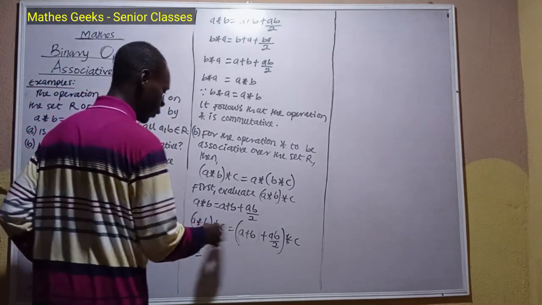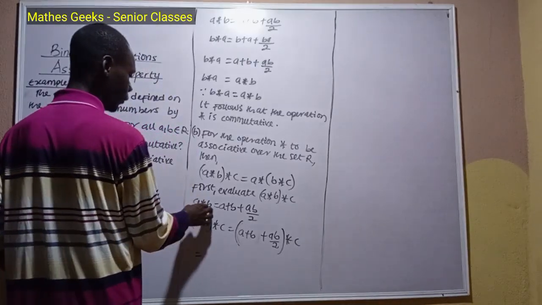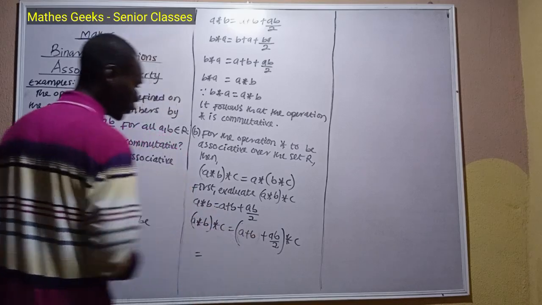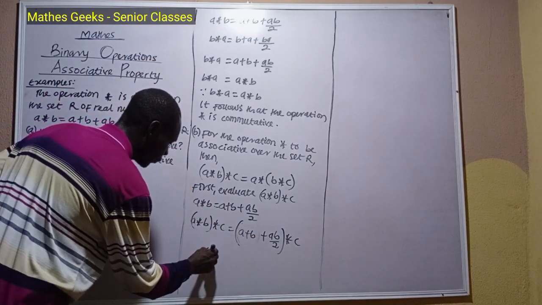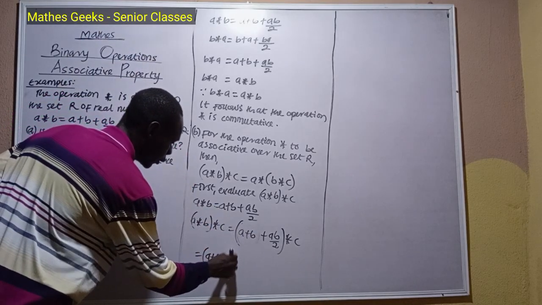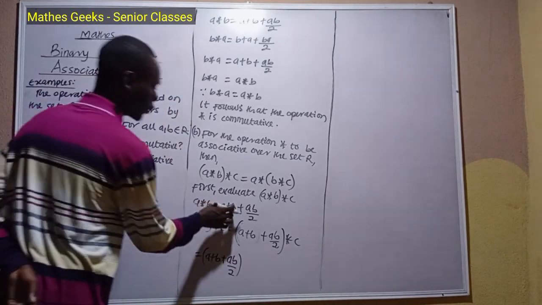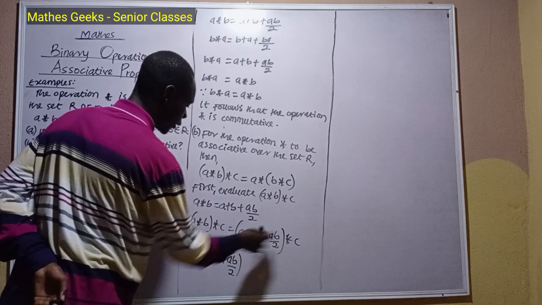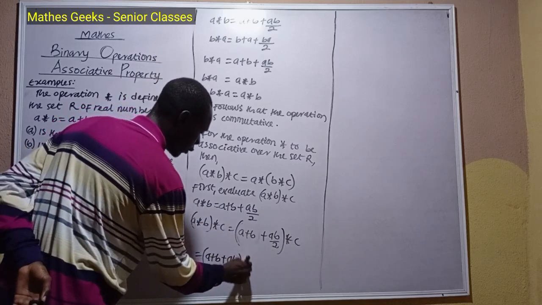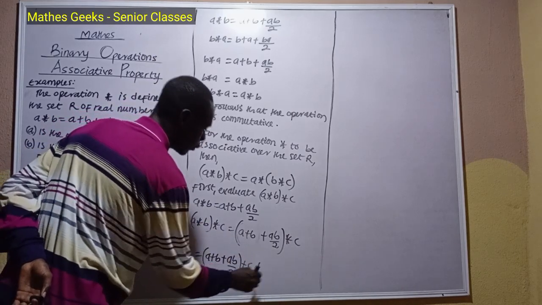A plus B. So in our rule, A star B is equal to A plus B plus AB over 2, and our A is A plus B plus AB over 2. And then plus B. Our B here is C, which is this element, plus C plus.